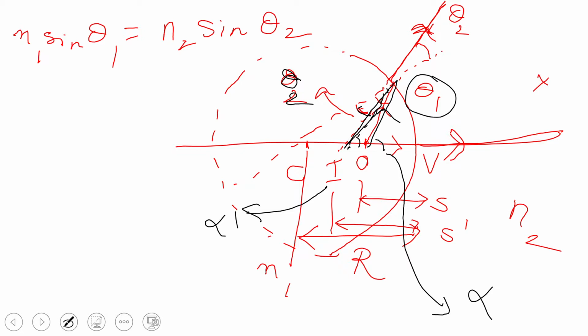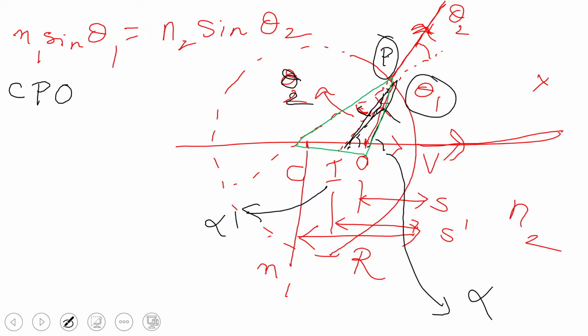So if I call this point P, now if you look at the triangle CPO, O is where the object is located. A ray going up from O is incident at point P, and C is the center of curvature. So the triangle that you're looking at is this CPO.